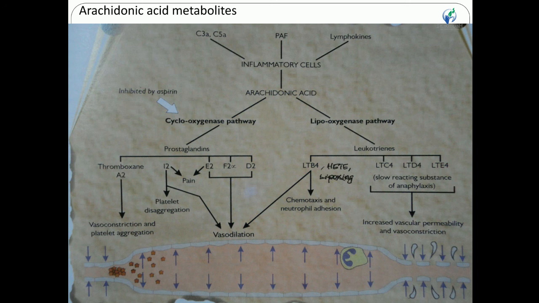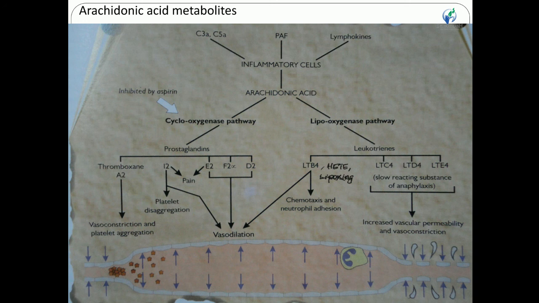Thromboxane A2. Next is I2, that is prostacyclin, or PGI2. Next is E2, that means PGE2, that is prostaglandin E2. Remember one thing, you can refer to other diagrams if the need arises. Here it is described in a very short manner.